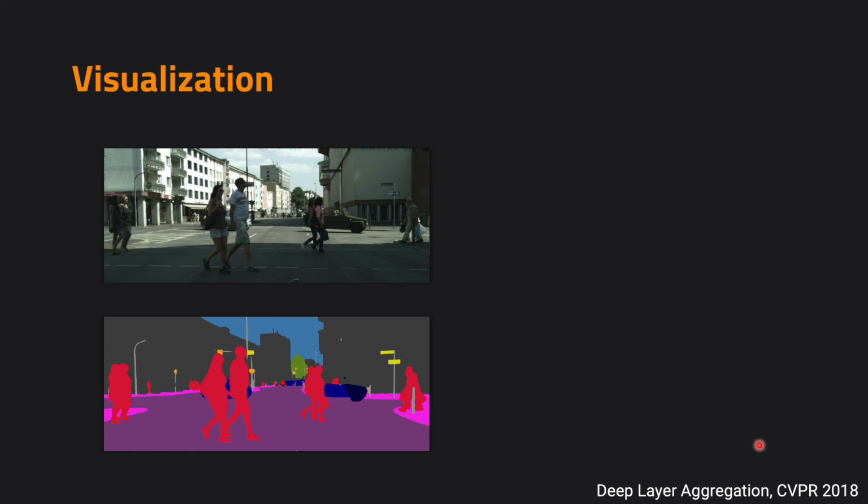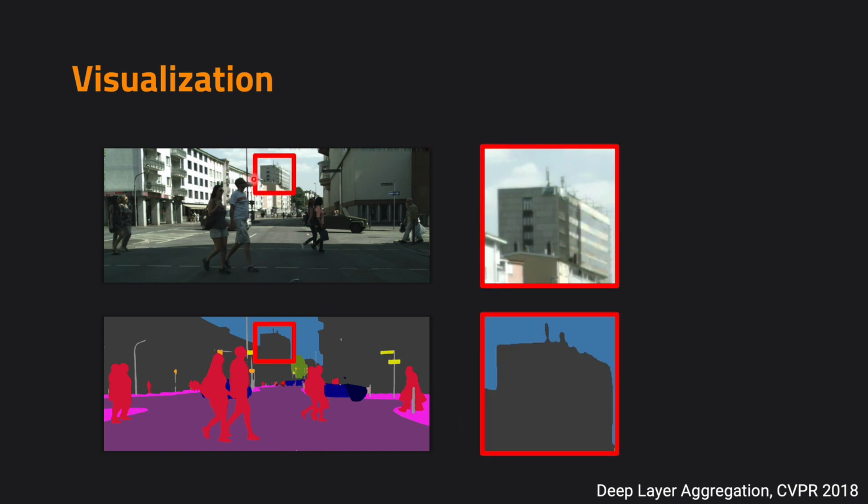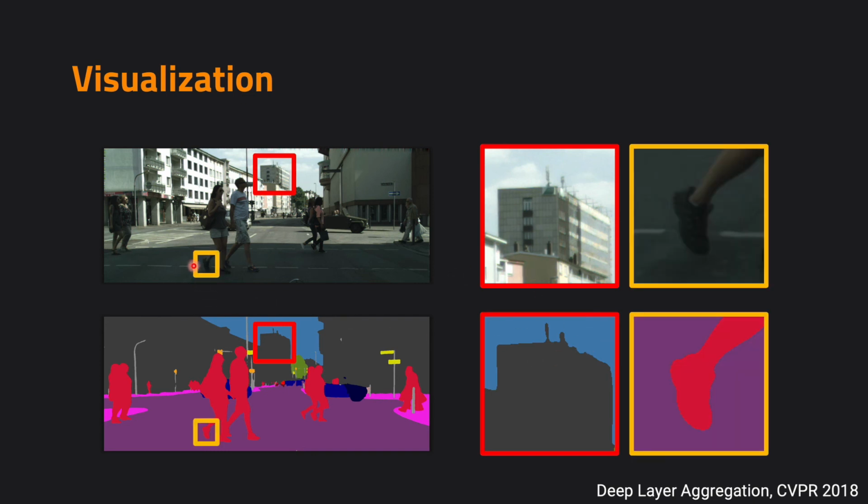And here are some more visualizations. This is an image from Cityscapes, and this is the segmentation output from the deep layer aggregation network. If we look at some objects far away, you can see that even for the background buildings, it can segment clearly. And even for some small foreground objects, the network can still find the boundary of objects very accurately.